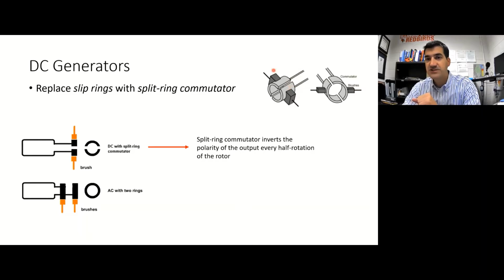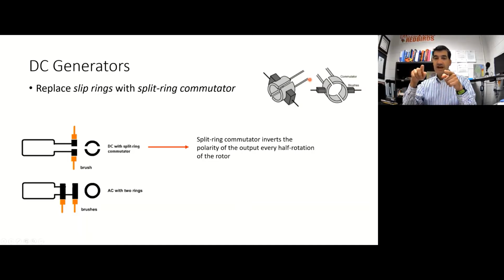All right, and these brushes are still stationary. They don't move, but the split ring commutator rotates inside the brushes, and the brushes ride along on the split ring commutator. So what's gonna happen is, let's say right now, it's not drawing the rest of the generator, but let's say right now from this generator, we're producing a positive voltage.